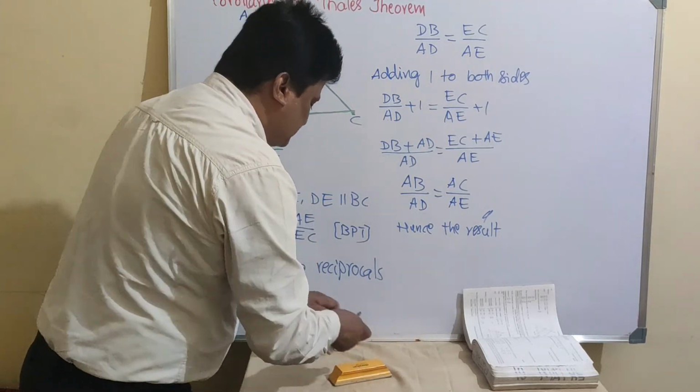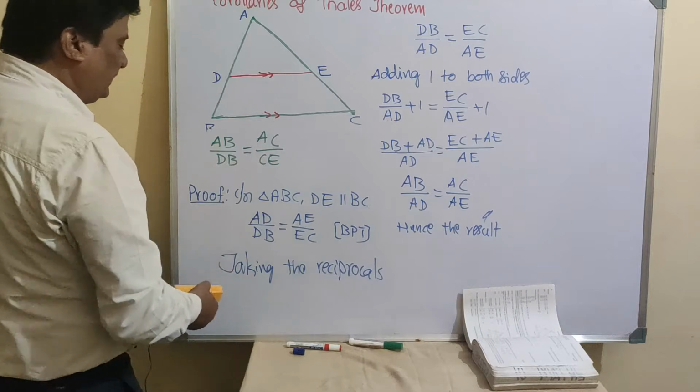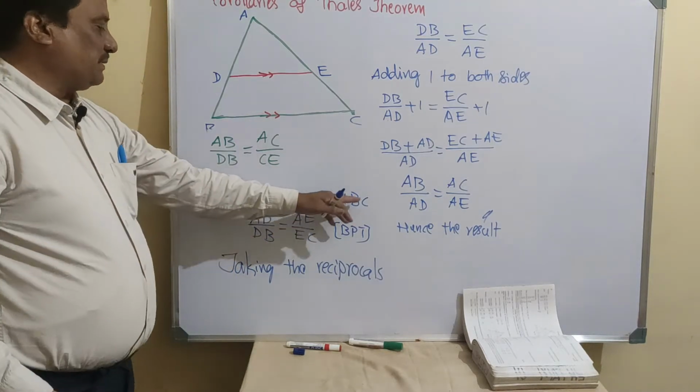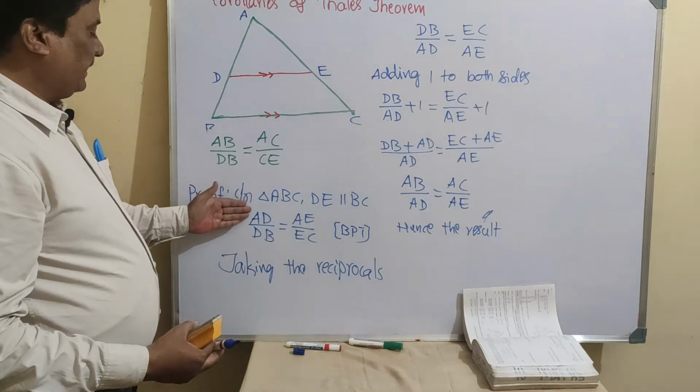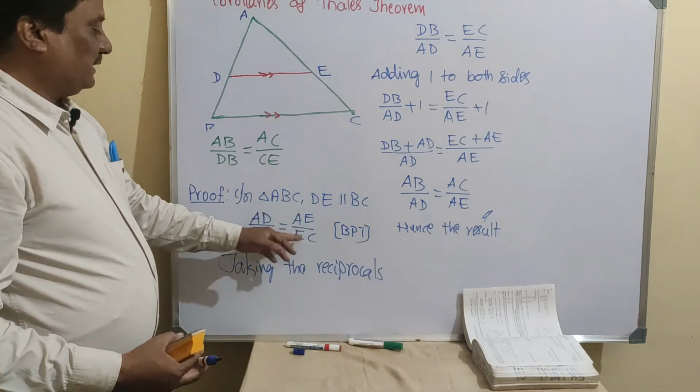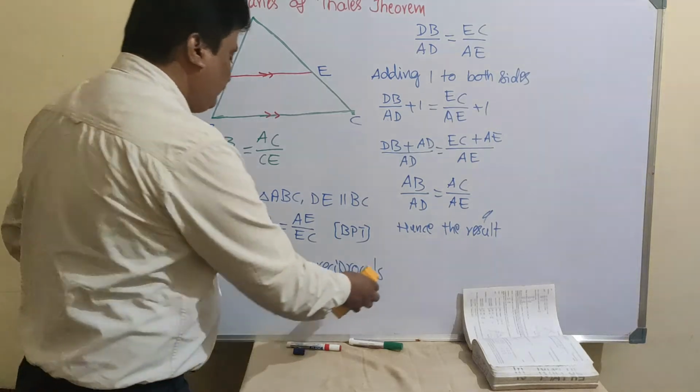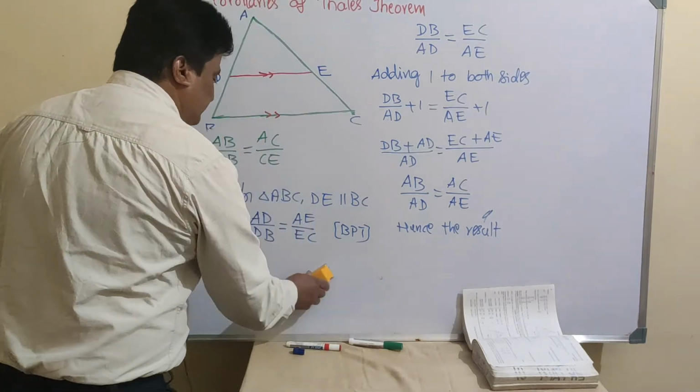As per the basic proportionality theorem, we can write in triangle ABC, DE is parallel to BC, so AD by DB is equal to AE by EC.